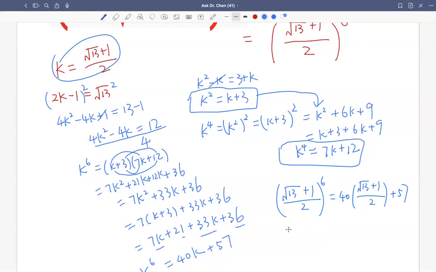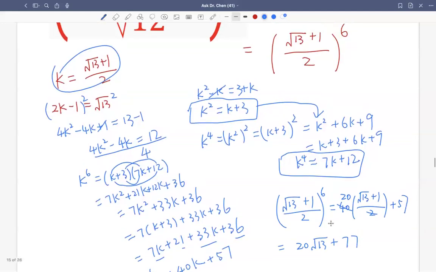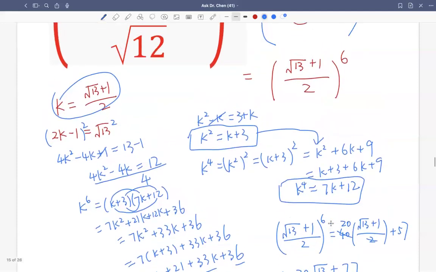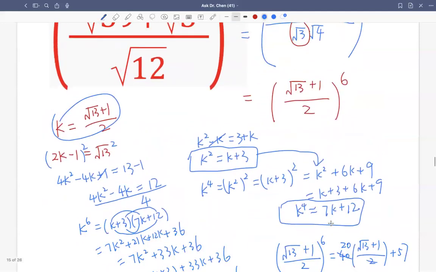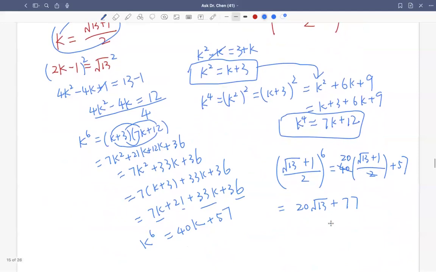So we just have to simplify this a little bit. Right? 40 divided by 2, that's 20. Then we have 20 times radical 13 plus 1, times 20 is 20. 20 plus 57, 77. So the answer is 20 times square root of 13 plus 77. Right? So that's for this question.